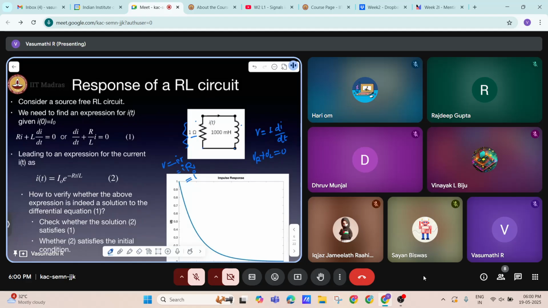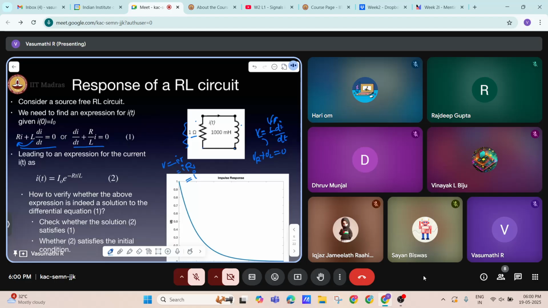So the representation for the voltage across the inductor would be L into di by dt, because it is the inductance at a particular time instant multiplied by how the current changes. That is a multiplication of these two. So this should be 0. This is the inherent equation of this circuit. If I rearrange this equation, if I take the L here, it would look like this.